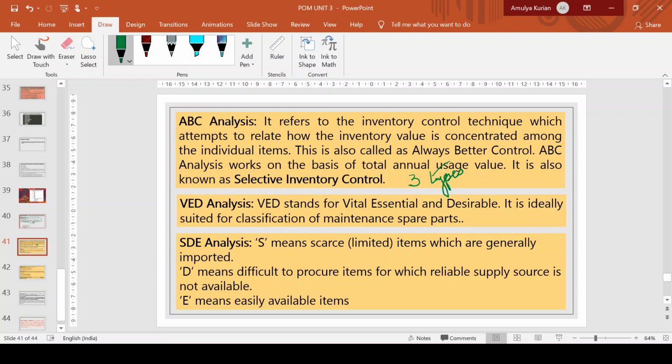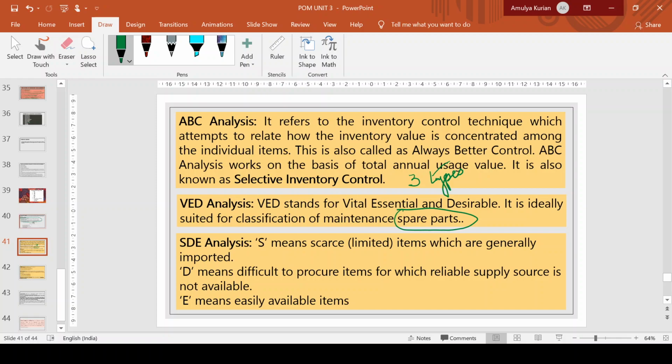So that's about ABC. Next one is called VED: vital, essential and desirable. It is for spare parts. EOQ and ABC were for the inventory which was used, or the raw materials being used.